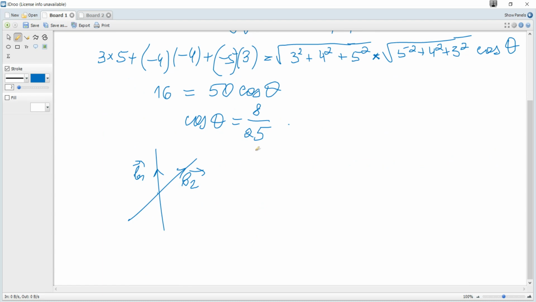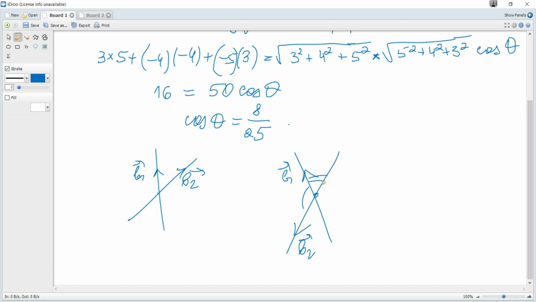If we get cosine is positive, hence we get an acute angle between two lines. But if we get cosine is negative, it means the angle between two vectors is obtuse, greater than 90 and less than 180.